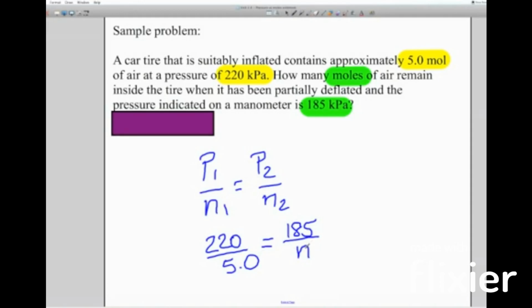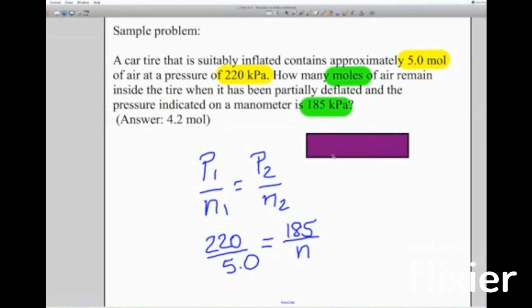So we're going to cross multiply to find the value of N, and the value of N is 4.2 moles. So that's it for this gas law.